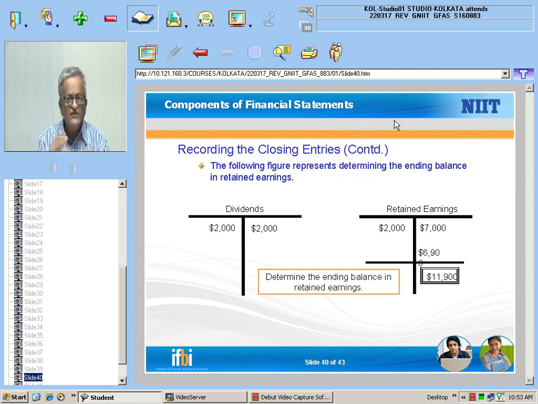Now, whatever difference is there in the income summary account, that is transferred to retained earnings. And finally, whatever dividend payable is there, that is debited to retained earnings and credited to dividend account. And whatever net amount is there, as we can see, 11,900 is the net amount in the retained earnings.